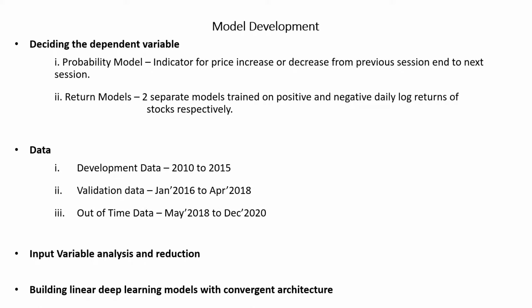Some of them are the correlation with the market returns for the stocks and several market indicators. And at the end, we have built a linear deep learning model with convergent architecture.